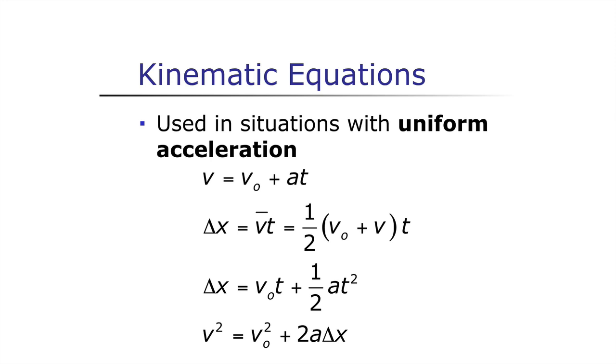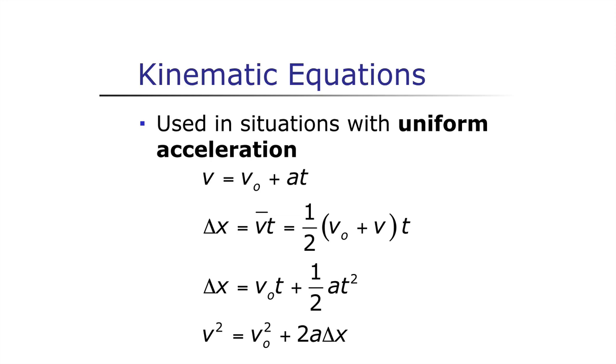Keep in mind, the kinematic equations are applicable if you have uniform acceleration. The first equation represents V, the final velocity of an object, which is equivalent to the initial velocity of the object, plus acceleration times time.